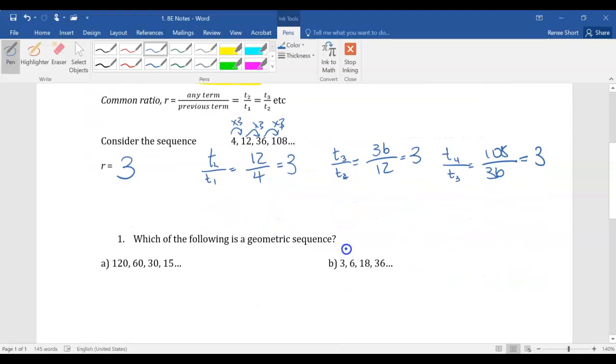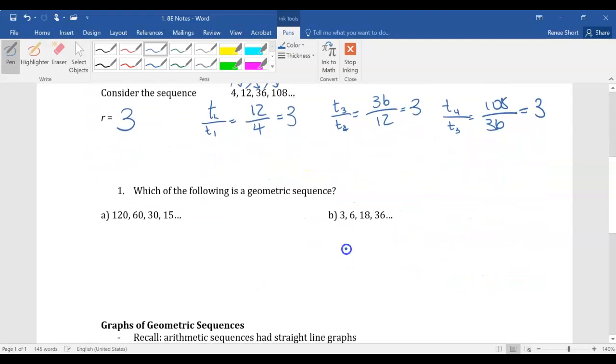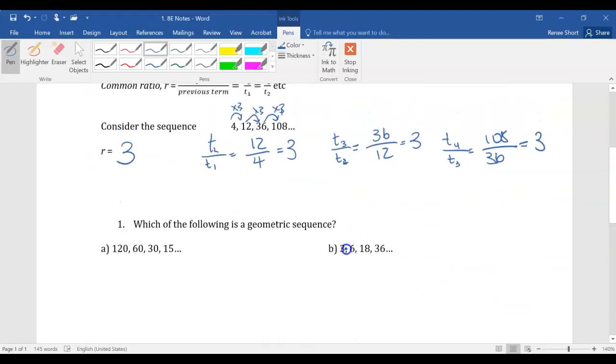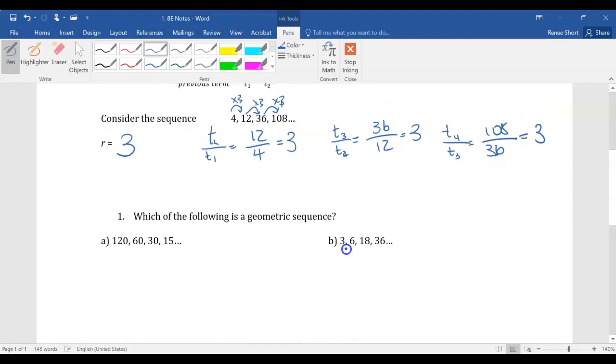So if we look down here, question 1 wants us to say which of the following is a geometric sequence. Now remember, in a geometric sequence, we're multiplying by the same number over and over. So if we look at A here, if we do T2 over T1, that's 60 over 20, which is 3.